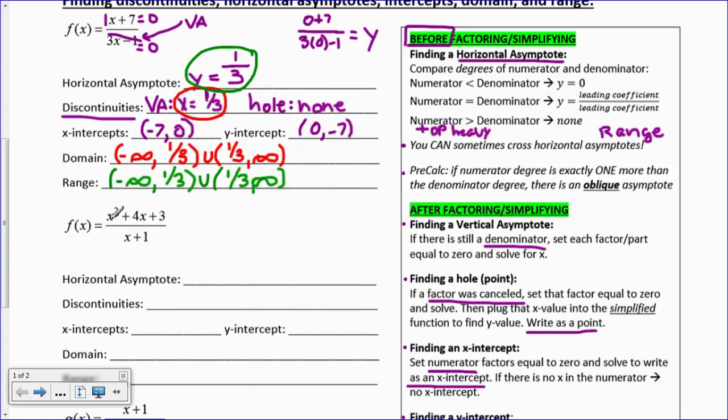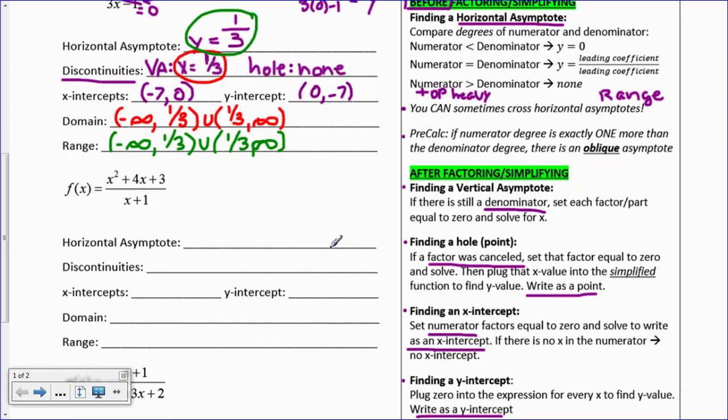The bigger degree is in the numerator. This is top heavy. If the numerator's degree is bigger than the denominator, it's top heavy, you do not have a horizontal asymptote. So on the line where it asks for the horizontal asymptote, you're going to write none. There is no horizontal asymptote.